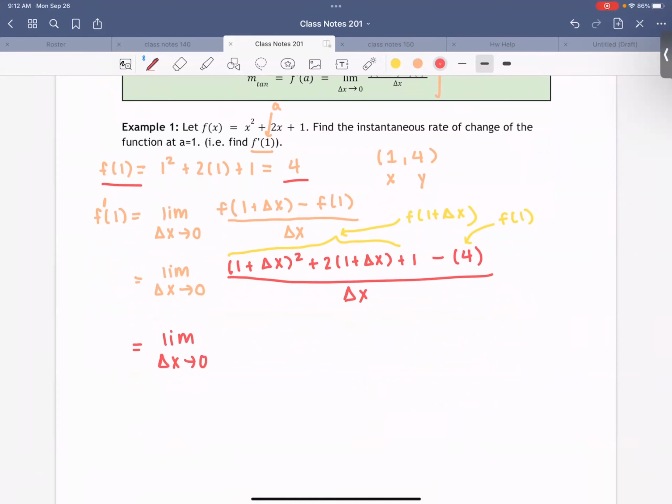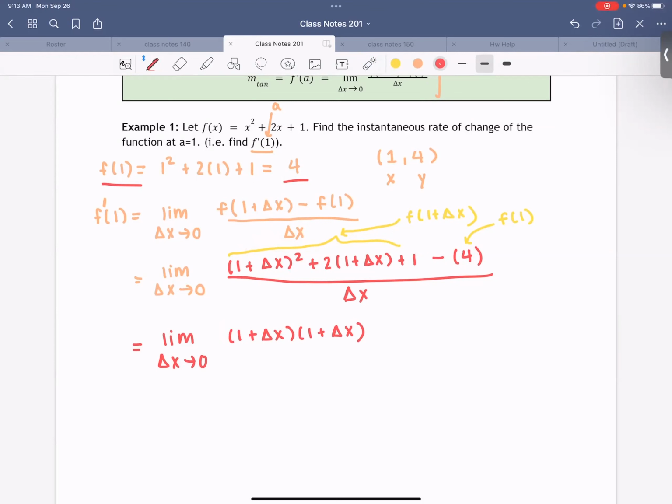A mistake I see students make a lot is taking the 2 and distributing it to the 1 and the delta x. This is where our algebra skills come in. We can't do that. We have to FOIL it out. So you might be able to do this in your head. I'm actually going to write out the step of writing 1 plus delta x twice, because I always mess up. So that's (1 plus delta x) squared.